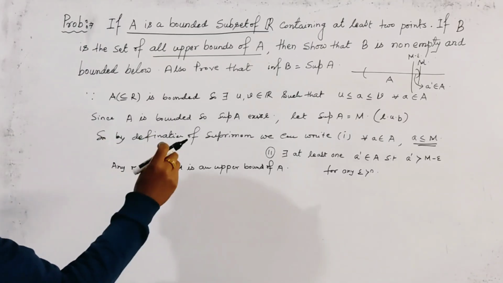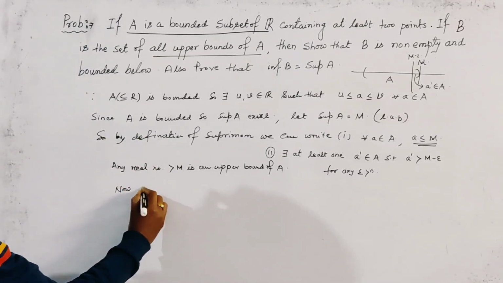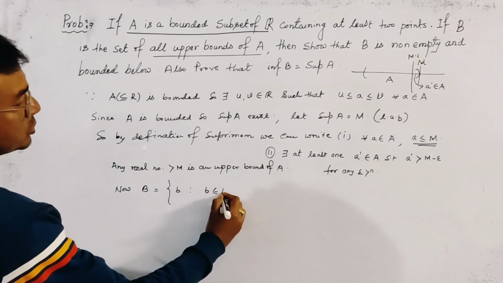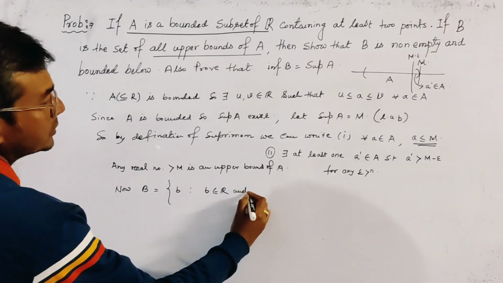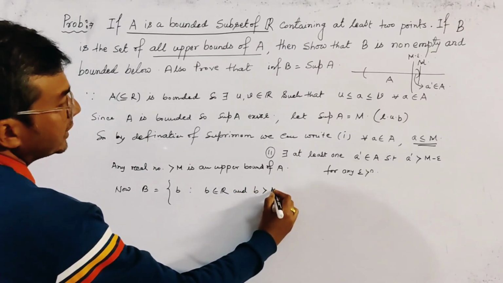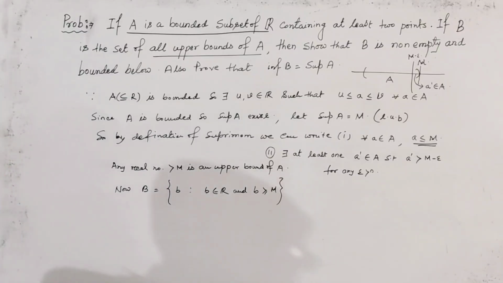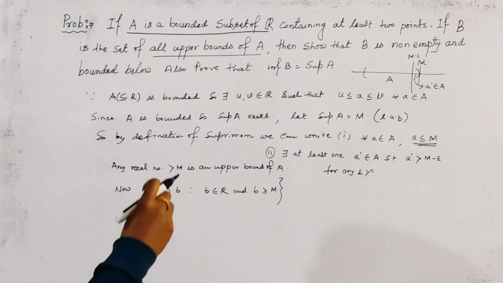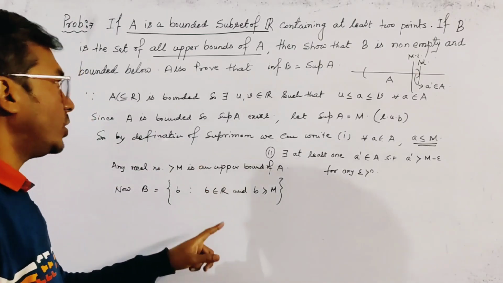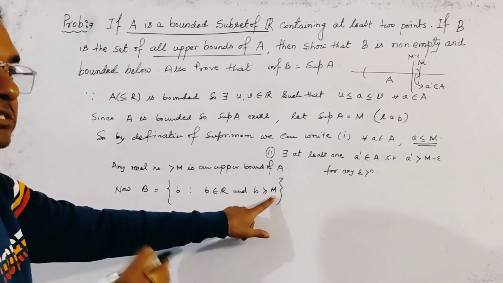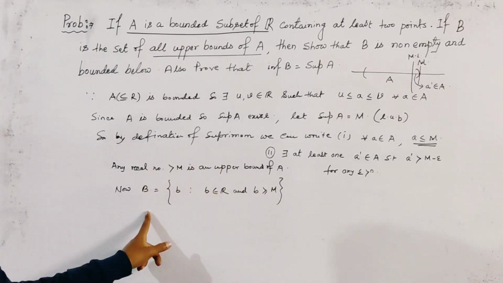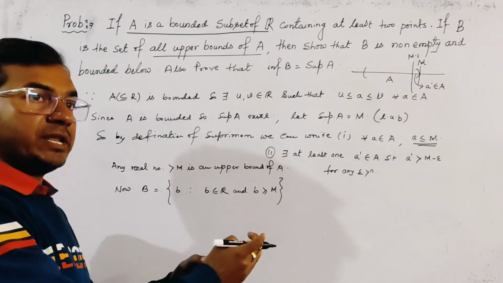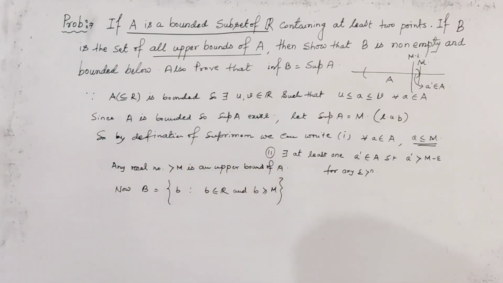So the definition of B can be written as B equals small b such that small b belongs to R and small b is greater than or equal to M, because B contains the points which are upper bounds of the set A, and since M is the least upper bound, M is also a member of B. Also, any number b greater than M is a member of B, right?